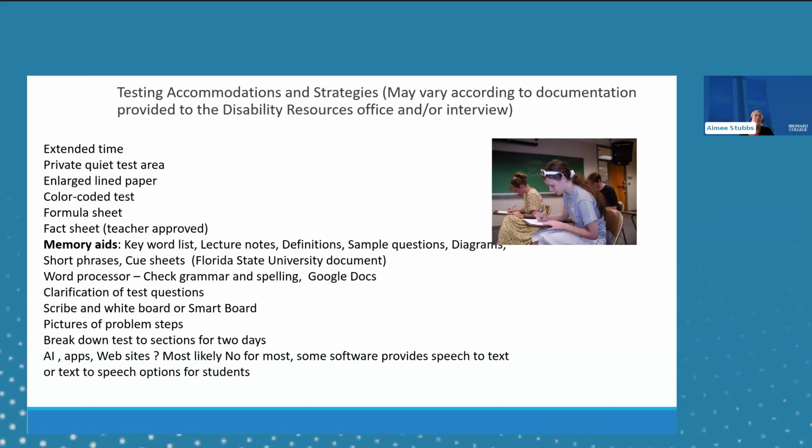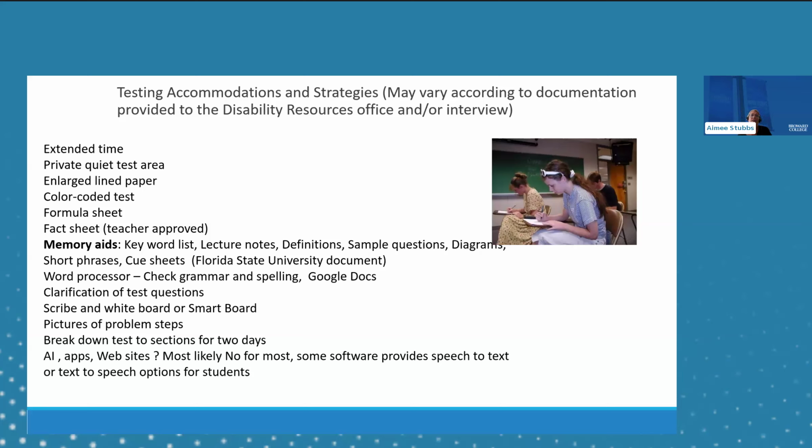Sometimes they use a slow or reduced distraction setting, possibly headphones, speech to text, text to speech. And if they're in high school, they might have word clarification. We don't have as many reader scribes because you don't need it as much with speech to text or text to speech. But sometimes it will help them if they break down the problems, break down the steps.